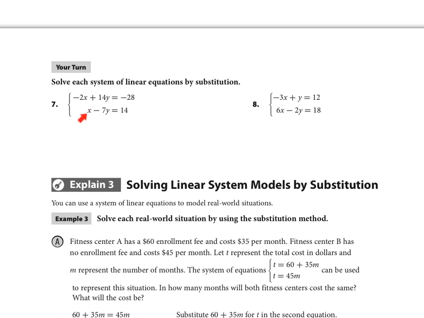The x right here is going to be the easier one to get by itself. I'm going to add 7y, since it's a negative, to both sides. And I get x equals 14 plus 7y.